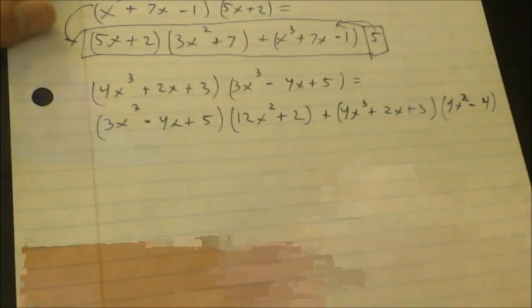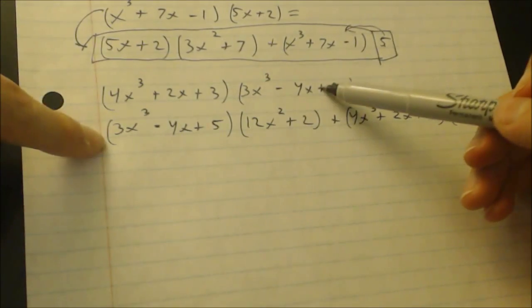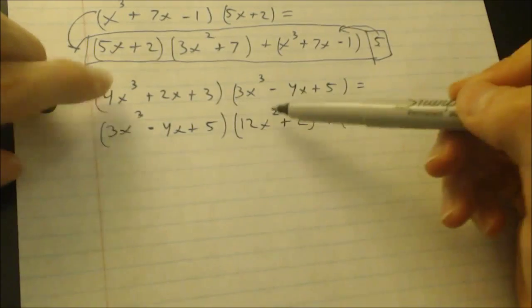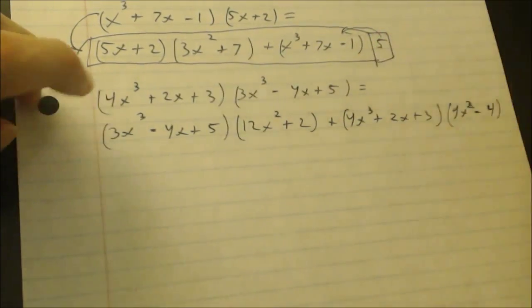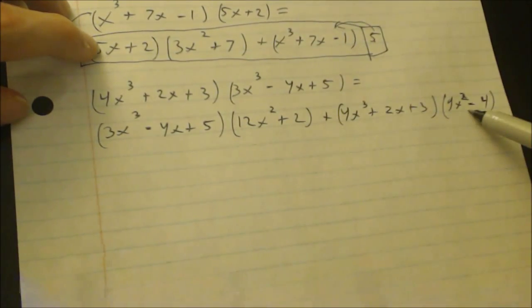It'd be a lot of extra work you probably wouldn't have to do, depending on your teacher. So just to recap on this one, we have second, this is g of x, times the derivative of the first, plus first times derivative of the second. So this is the derivative of the second right here.